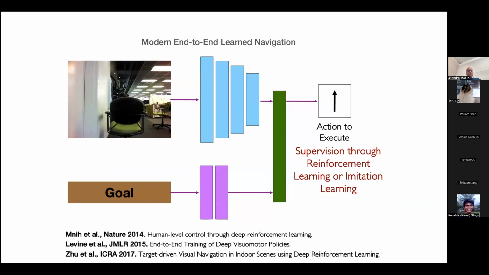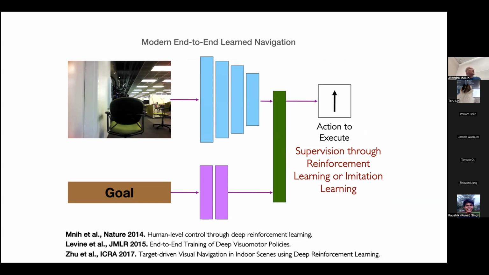Okay, so let's see. So what has happened is, somewhere around 2016, 2017 is when machine learning techniques became popular in computer vision and robotics.